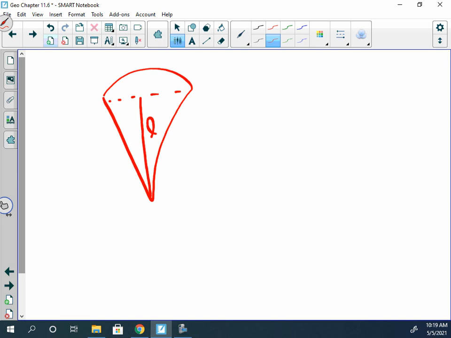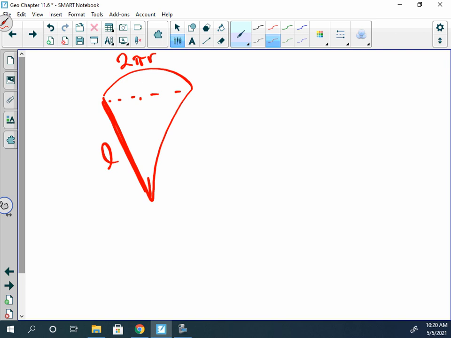Now, you're probably wondering how we get this, and this is 2 pi r. This is our slant height from here to here. Now, you're probably wondering how they got pi r L for the overall area of this here.